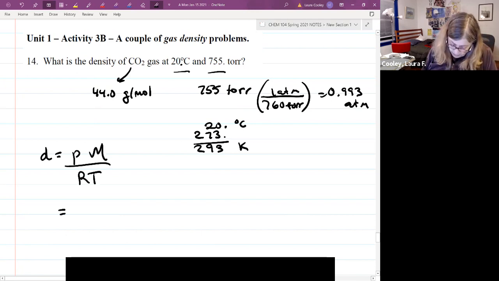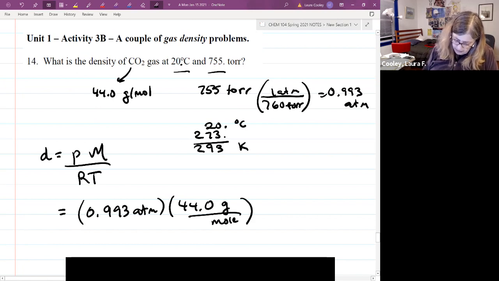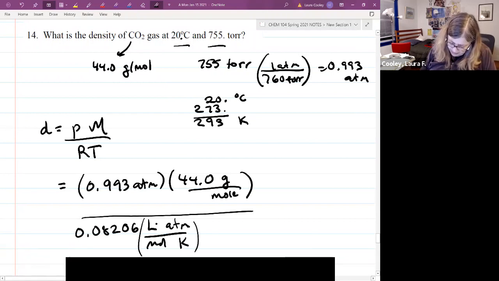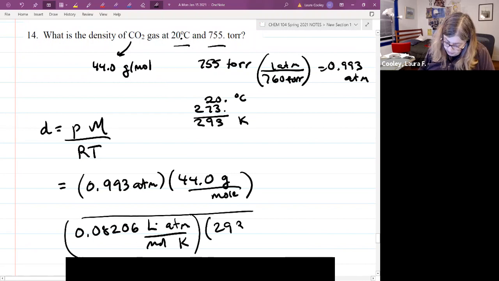So the density is PM over RT. Let's see how the units work out. 0.993 atmospheres, 44.0 grams per mole, over 0.08206 liter atmospheres per mole Kelvin. I don't have to put that in parentheses, put the whole thing in. And then the temperature, 293 Kelvin.